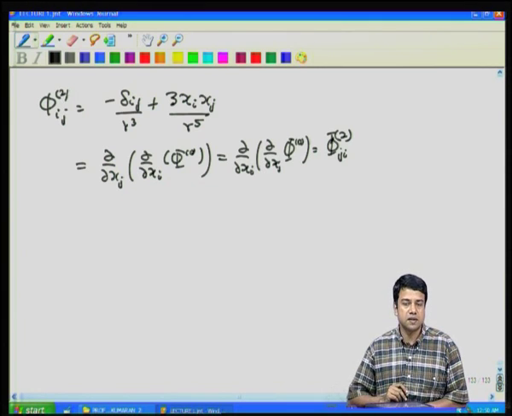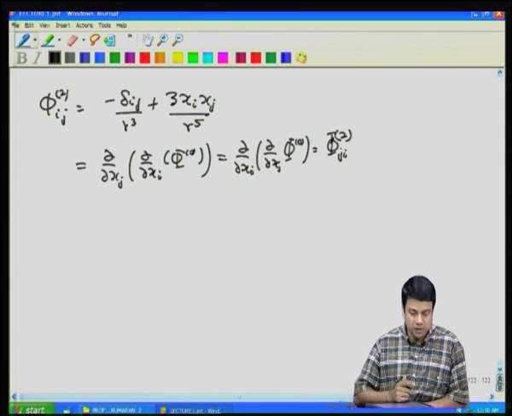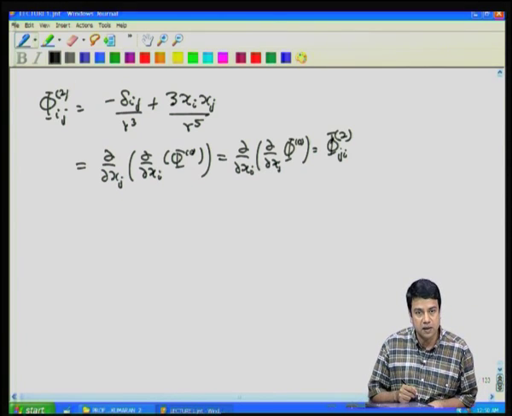Also, because it is a symmetric tensor and it is obtained by taking the 2 gradients of the fundamental solution, it is also traceless. Okay. Traceless means that the sum of the diagonal terms is equal to 0. How do I get the trace of this tensor? I can get the trace of this tensor by multiplying it by delta i j.